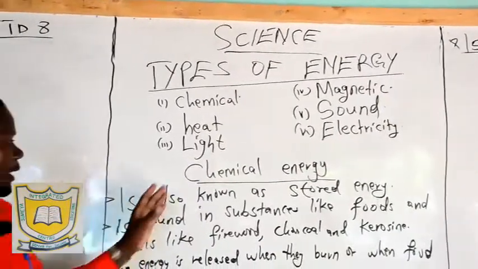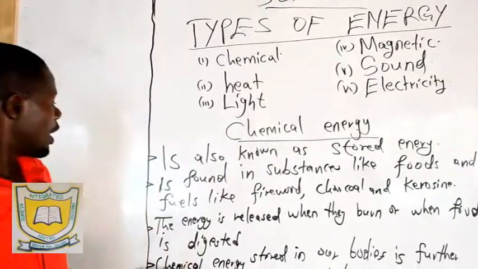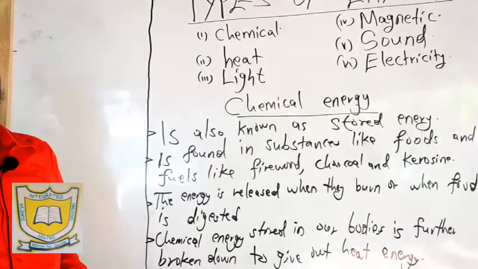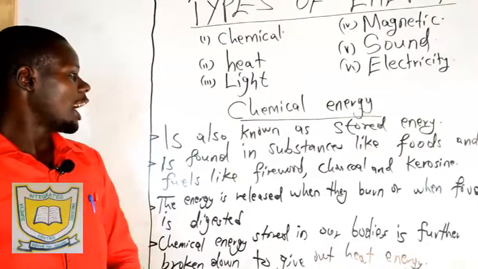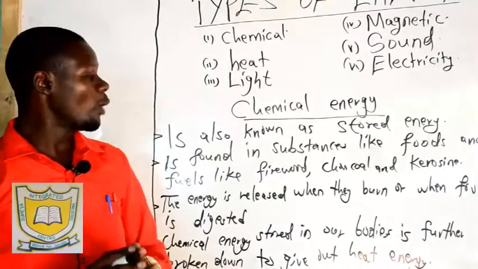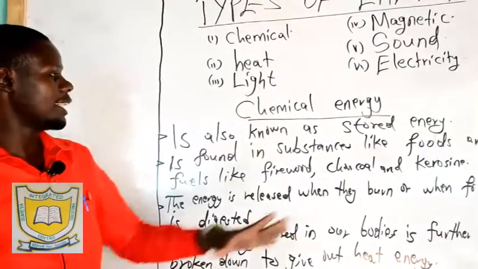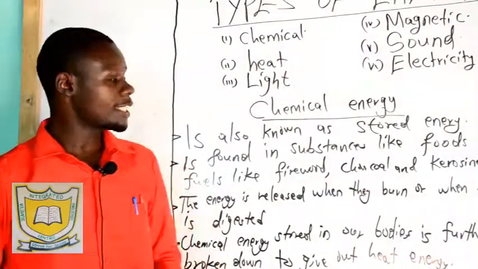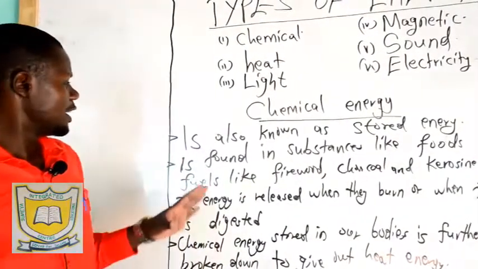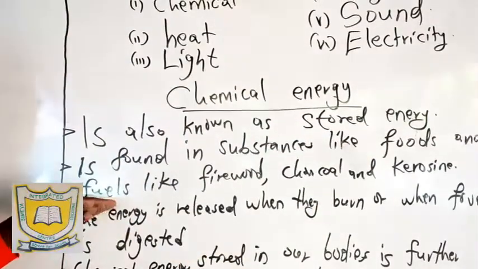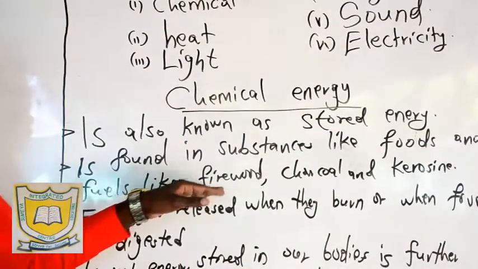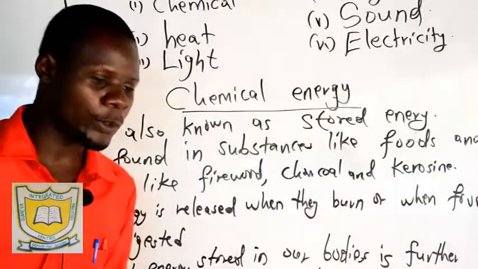I said chemical energy is also known as stored energy. As I talked about the 2 forms of energy, chemical energy was one part of stored energy, which is also known as potential energy. It is found in substances like foods and fuels like firewood, charcoal, and also kerosene.